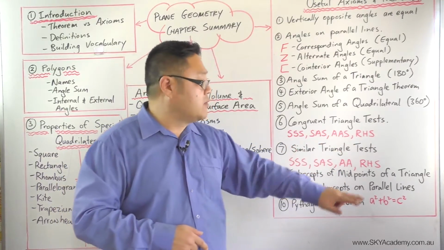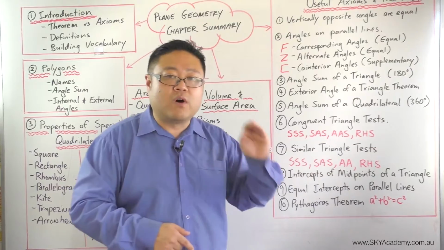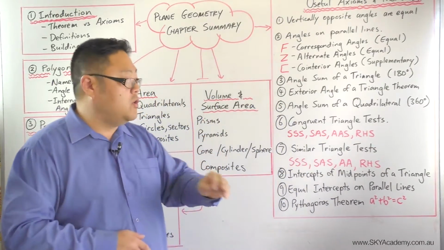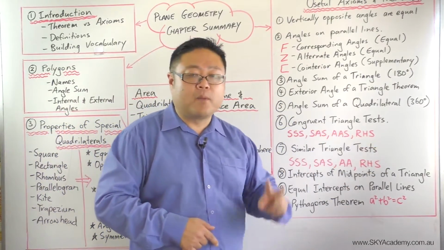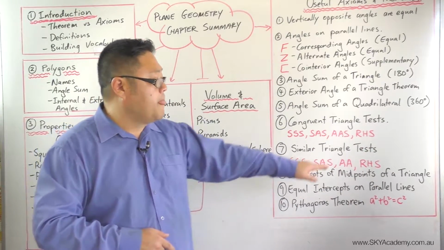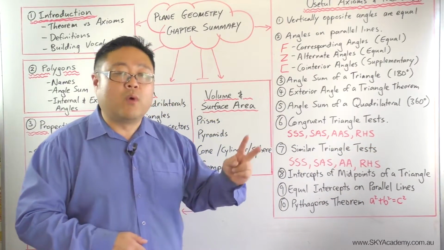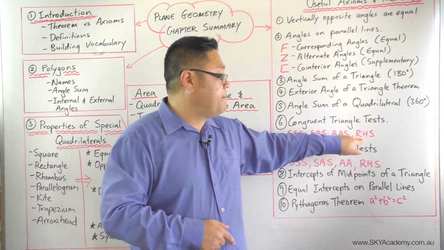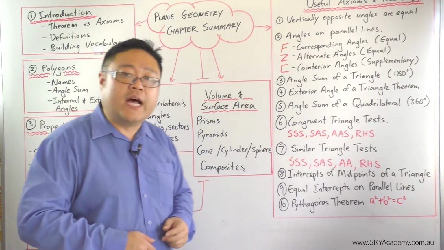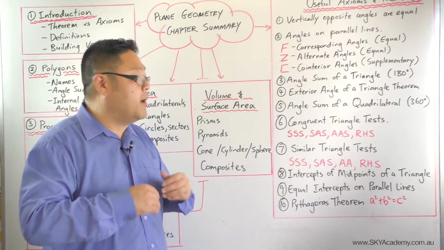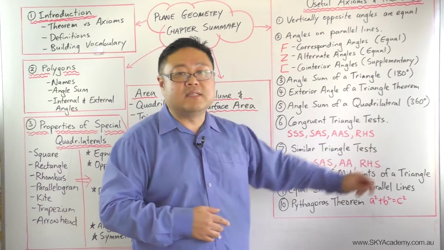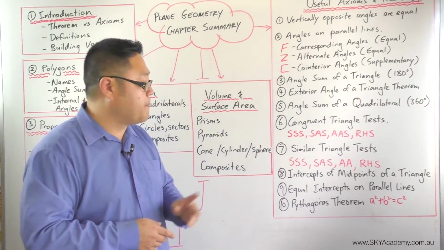AAS, which is angle, angle, side. And RHS, which is right angle, hypotenuse, and side, for one pair of right-angled triangles, which may or may not be congruent, but we're testing it out. And if it passes this test, then obviously it will be congruent. Yeah.